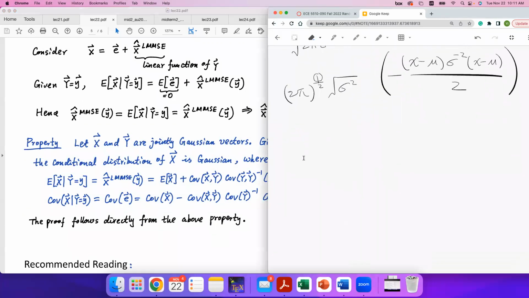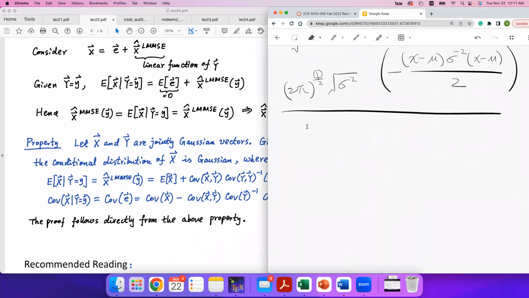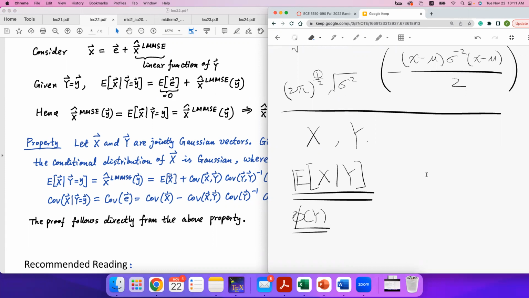In the one-dimensional case, we have this result. If x and y are Gaussian, then this is also Gaussian. This random variable as a function of y is also Gaussian. So here is the same thing.